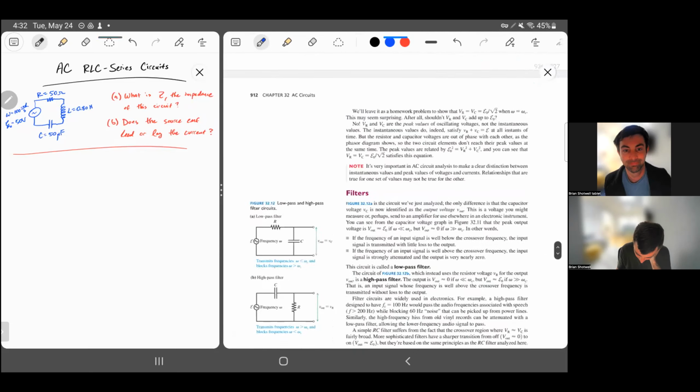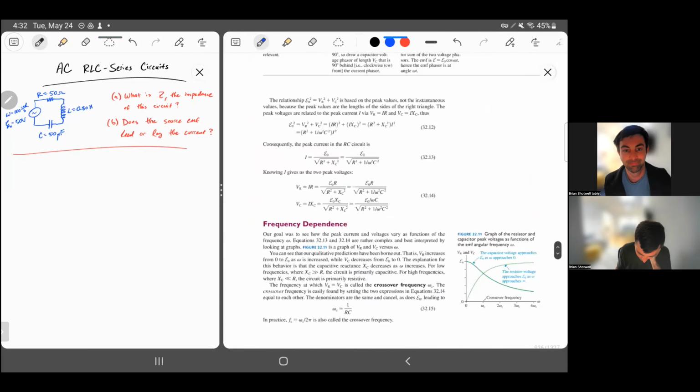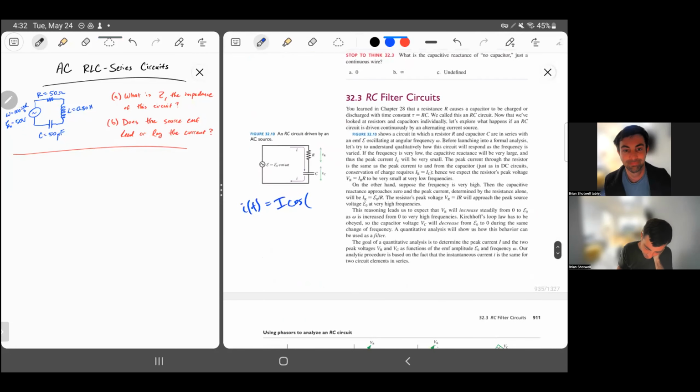Actually your book doesn't write the offset explicitly because we don't want to introduce a convention that's going to contradict this thing right here. So I'm probably going to hold off on writing the function. But you do have current as a function of time, sinusoidal, and not necessarily in phase with the source voltage.